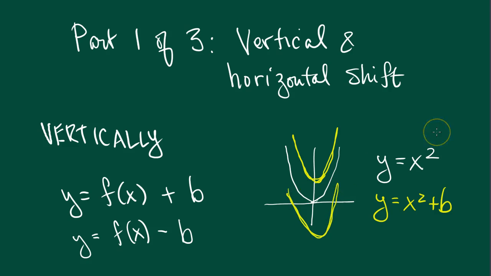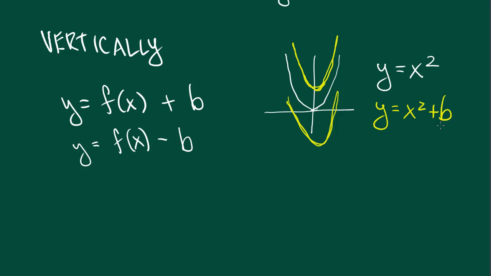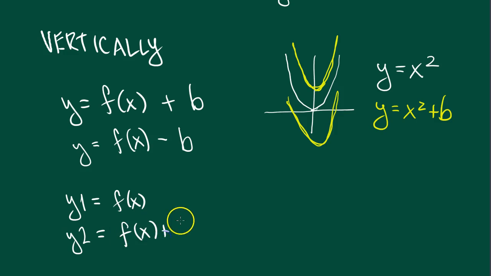So, something I would like you to notice here, there are 2 things that I want to call your attention to. One is, suppose that y1 is f of x. Whatever, and the beauty of this is it works consistently for all kinds of functions, x squared, square root, you name it. So if y2 is f of x plus b, well, that's the same as y1 plus b.